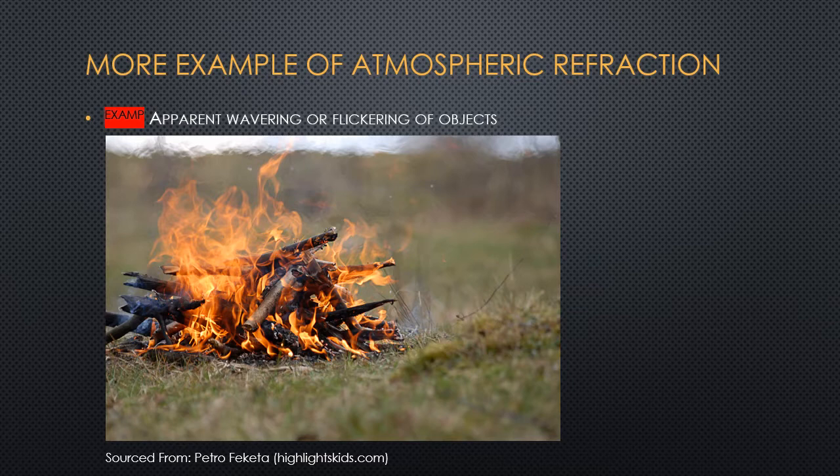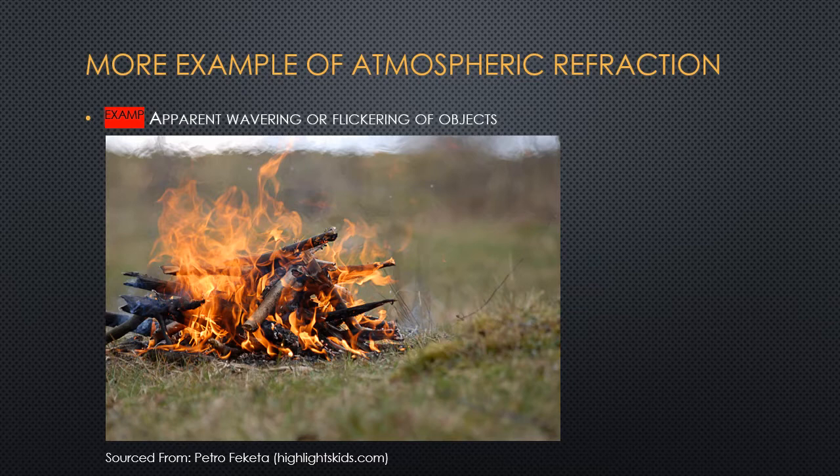As the air gets hotter, it becomes less dense. If it becomes less dense than the cooler air, its refractive index slightly changes. Now you know, if there is a different refractive index, then the light ray will be deflected at a different angle, the refraction angle will be different, right?